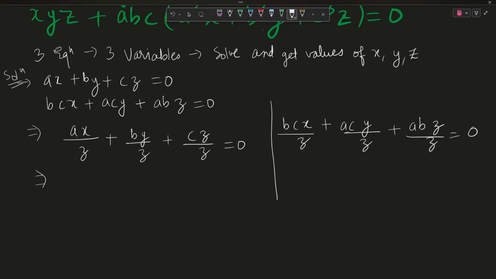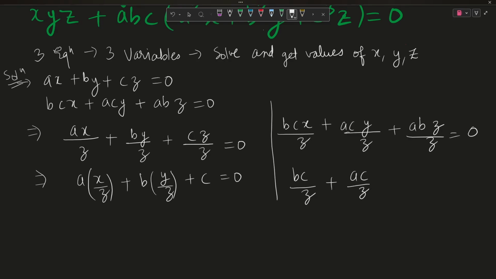So I can say it becomes a x upon z plus b y upon z plus c is equal to 0, and this becomes bc x upon z plus ac y upon z plus ab is equal to 0.